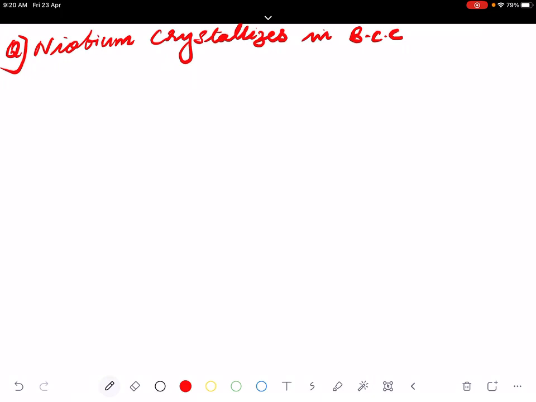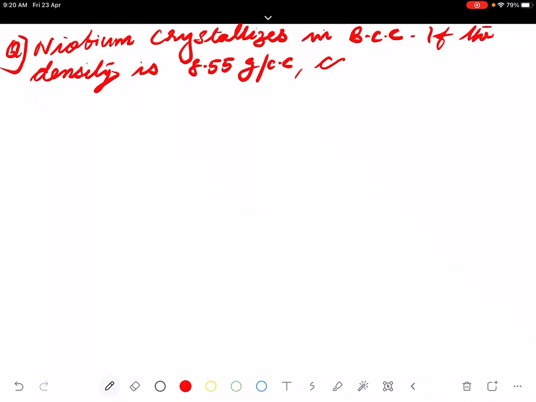That means Z value is equal to 2. If the density is 8.55 grams per centimeter cube, calculate the atomic radius of niobium.